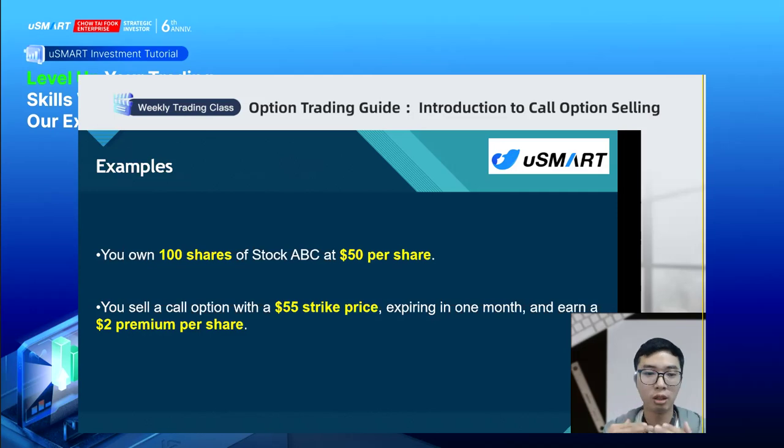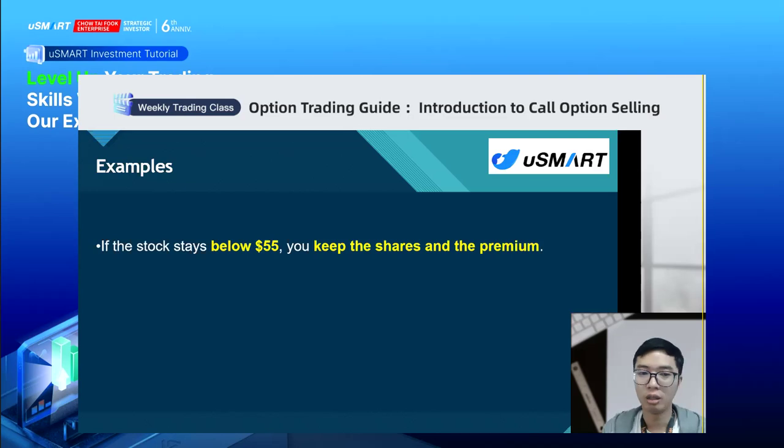So you will slowly milk the profits out of this stock option. If you get $2 out of $50, how many percent is that? Right? That's a lot, almost near 5%.